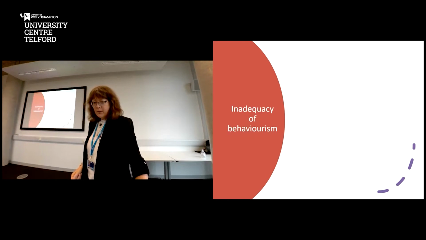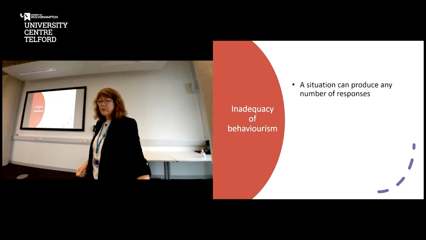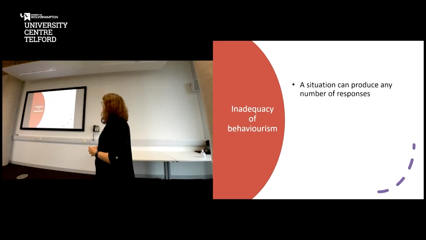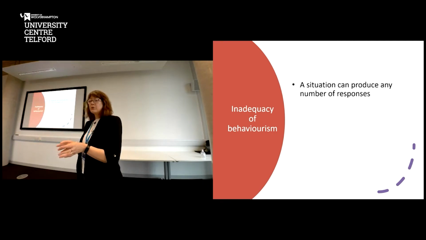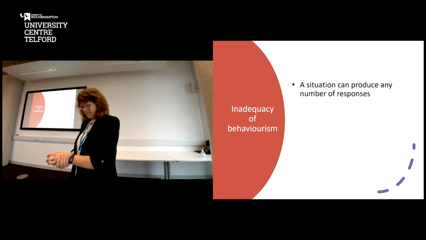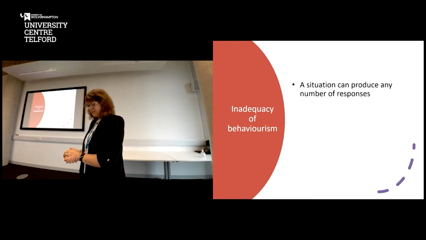And one of Chomsky's main criticisms was that a situation can produce any number of responses. So if a man goes running past with a chicken, and says, "Oh, a chicken."